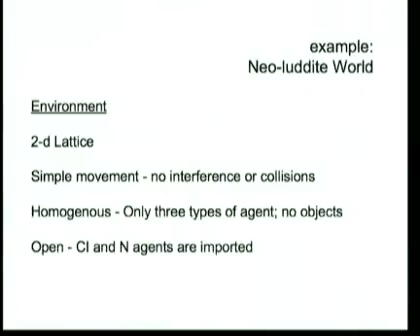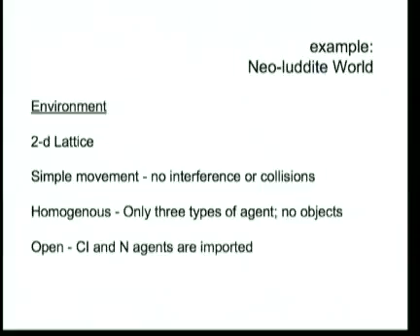So back to the Neo-Luddite example, the environment is a simple 2D lattice. There is a simple movement in our capturing the behavior of the agents. There's no interference or collisions between agents. They merely come into proximity with one another. The environment is homogeneous.